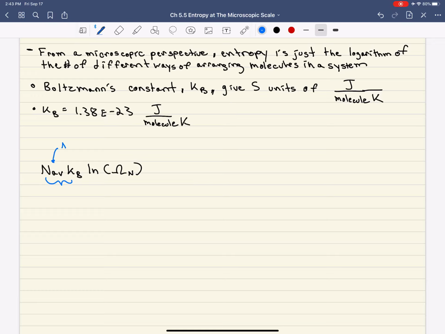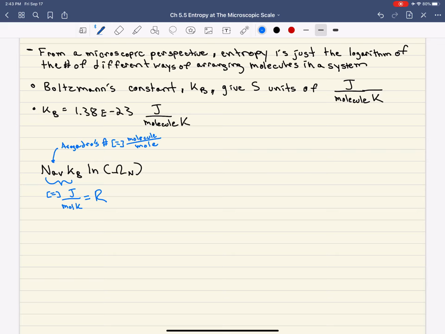N_AV is Avogadro's number, and that has units of molecule per mole. And so when you multiply Avogadro's number by Boltzmann's constant, what you get is joules per mole K. Or otherwise, this product is known as the gas constant, right?